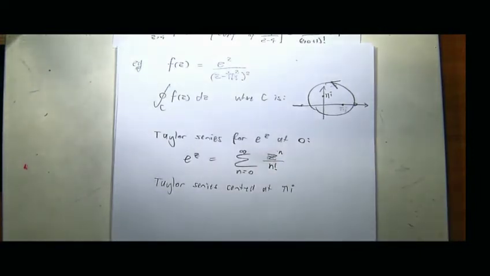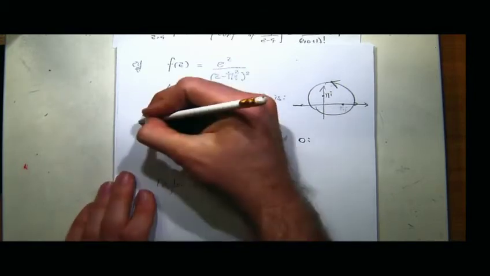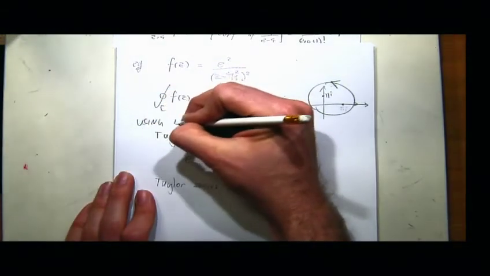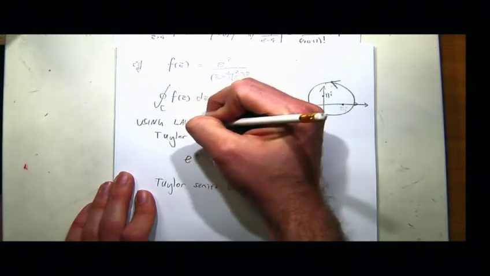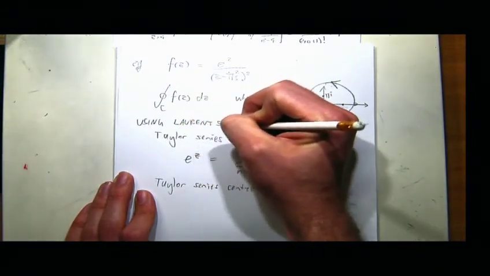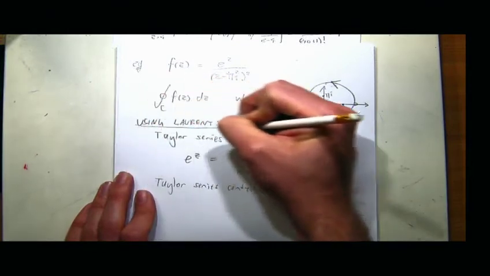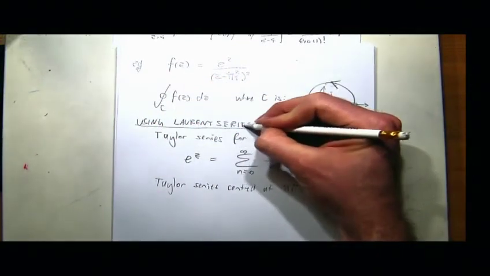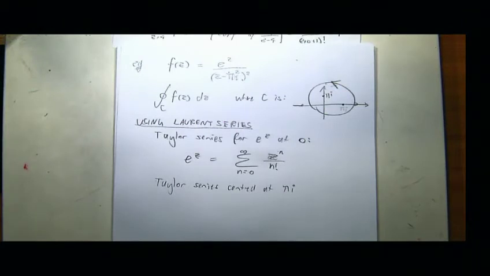It would have actually been easier just to do the residue the ordinary way, using derivatives. But I'll do it the other way as well. I'm just trying to illustrate how the Laurent series thing works.